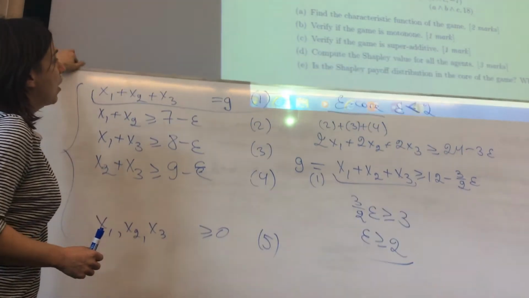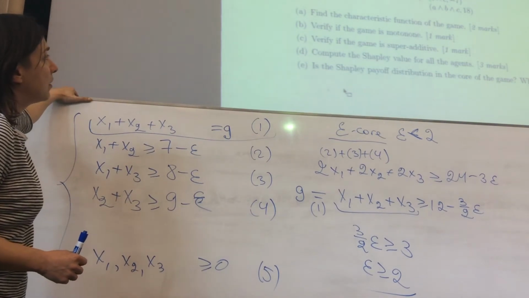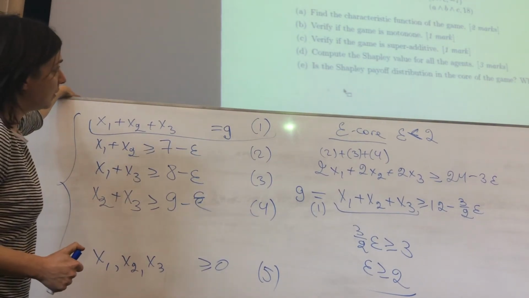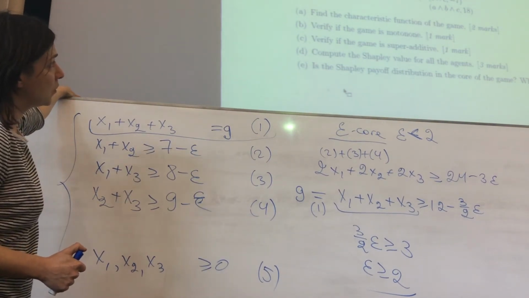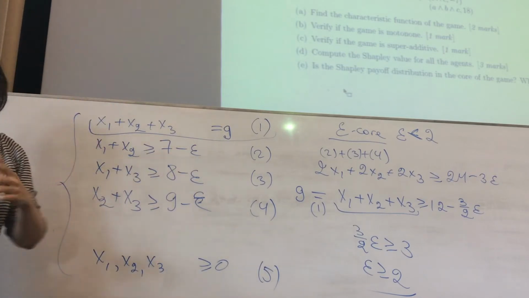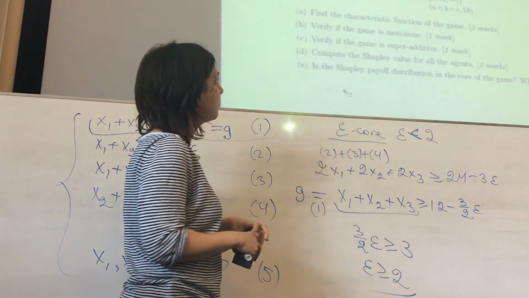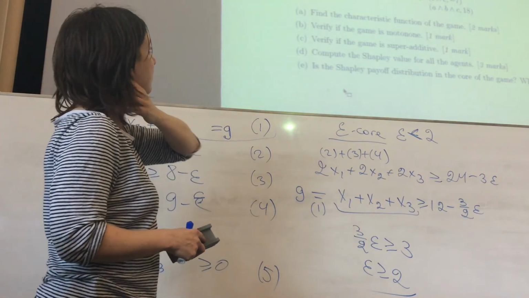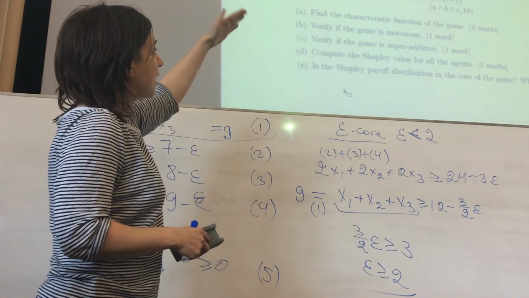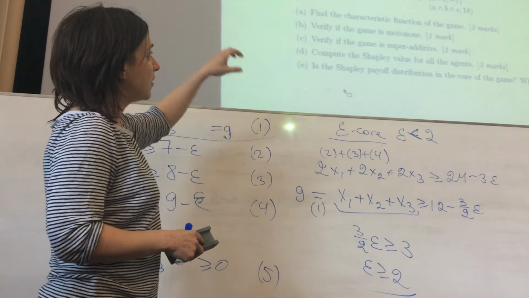That question was quite easy for everyone, I would say. You found almost all correctly the characteristic function of the game. There was 5, 7, 12 for singletons.